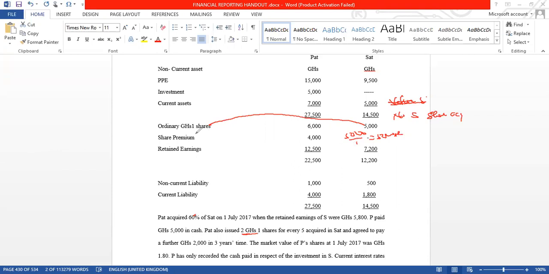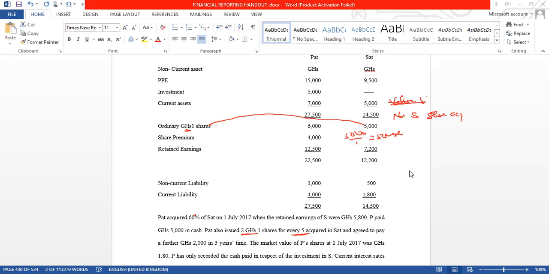Note that if here is 0.5, divide, you are having 10,000. So be careful. So we have the share for share exchange is also 2 shares for every 5. Note that 2 shares for, what is the market value of the share at the date of acquisition?